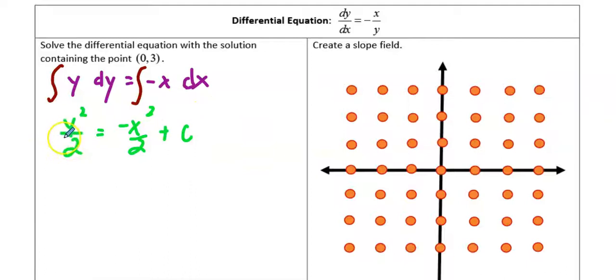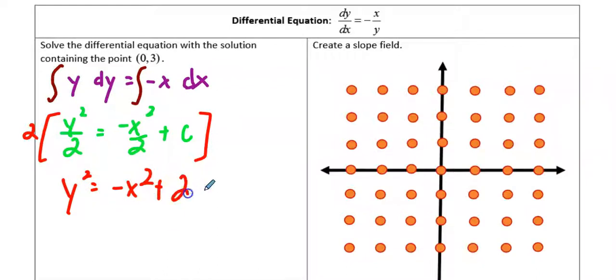Now we want to get y by itself. The first thing we're going to do is multiply everything by 2. So we get y squared is equal to negative x squared plus 2c. This 2c is kind of arbitrary because we're just looking at some constant c here.